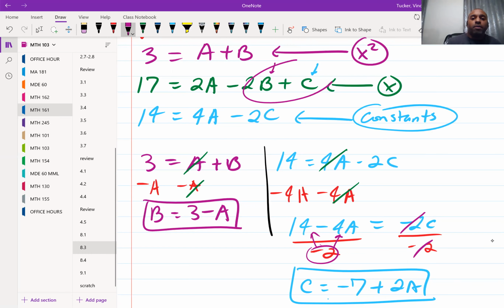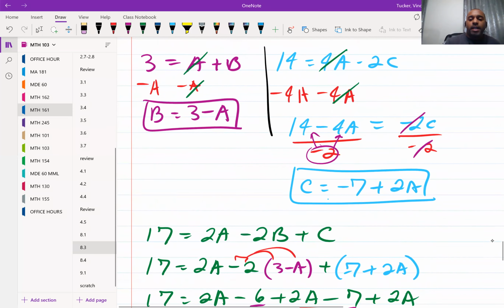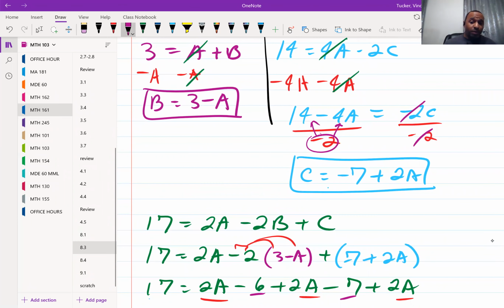Now we can plug them in right here for b and c, and the only variable we have is a to solve for, and that's what we needed. So we plugged in b right here, and then we plugged in c right here. So you see we have 17 equal to 2a minus 2 times 3 minus a plus negative 7 plus 2a.